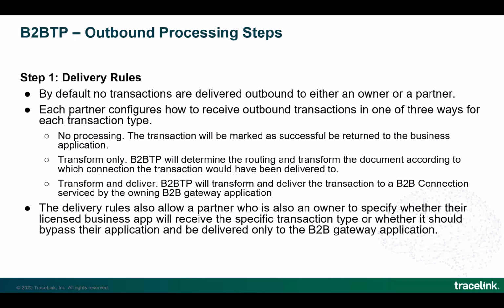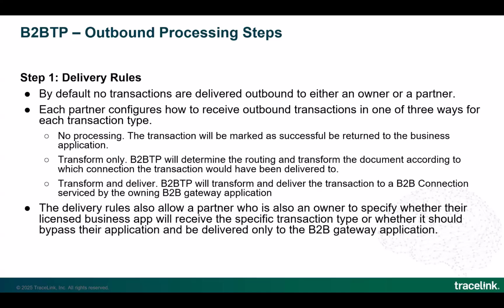It will not attempt to send it to any B2B connection because your option says transform only. It will just transform the file into an outbound format and stop, right? So that outbound file will be available on the user interface, and the receiver can log into their system, go to the process network, click on the file and download it manually. So that's the transform only option.